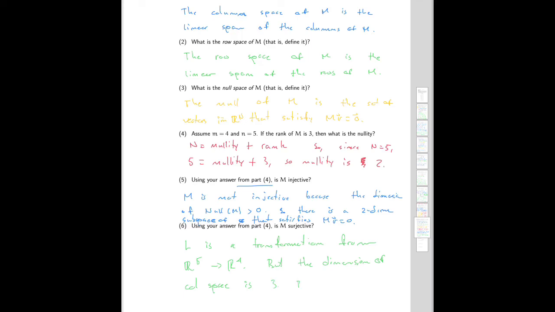So the dimension of the column space is 3. But the dimension of R4 is 4. So not surjective. So basically there's a one-dimensional subspace of R4 that is not in the image of M.